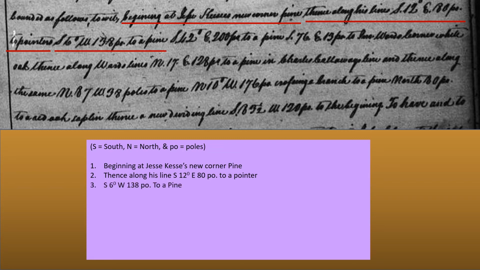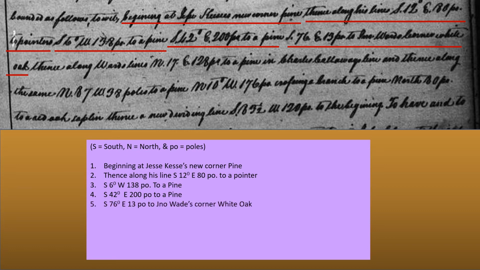South 6 degrees west, 138 poles to a pine. South 42 degrees east, 200 poles to a pine. South 76 degrees east, 13 poles to John Wade's corner white oak.